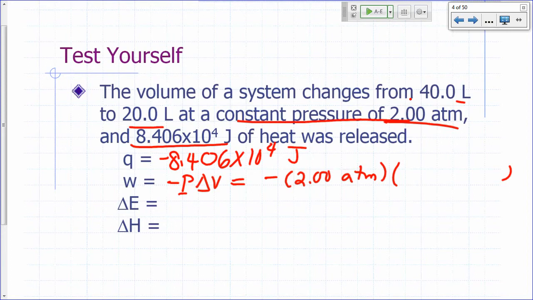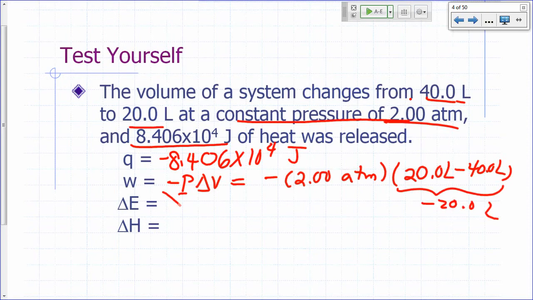It went from 40 to 20, so the final volume is 20.0 liters. Initial volume is 40 liters. So our delta V is negative 20, right? So what is negative 2 times negative 20? Positive 40.0 liter atmospheres. Can you change that to joules?